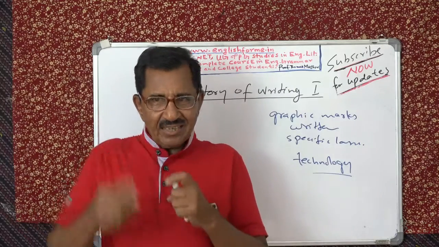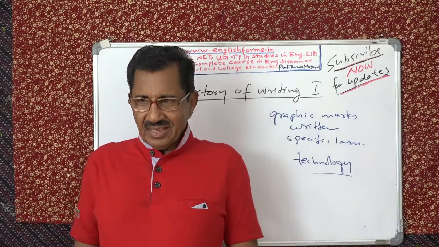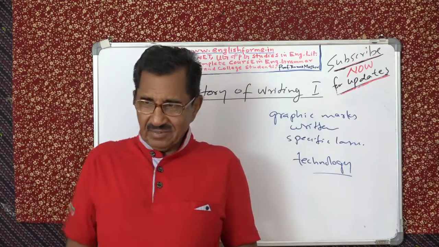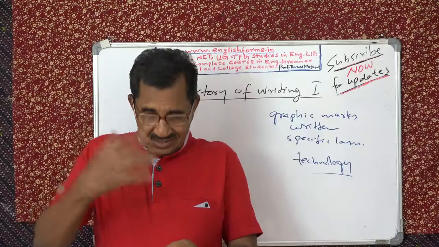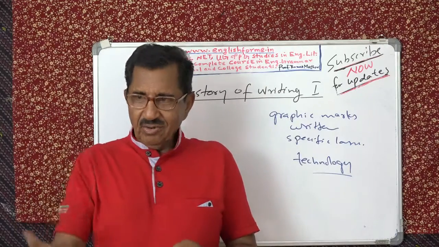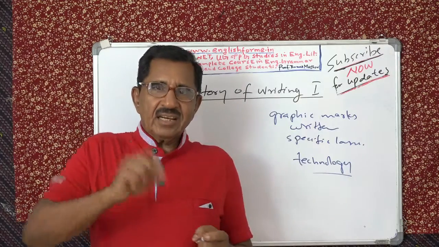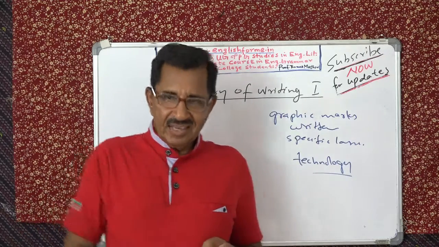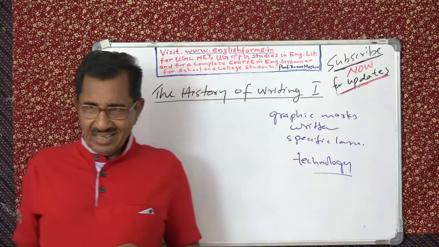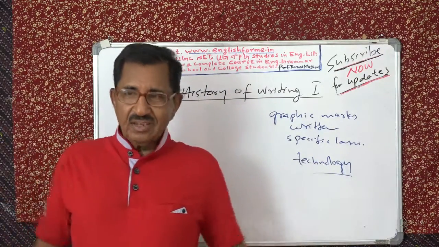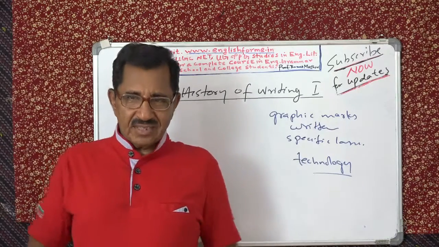Manipulating means editing. Then storing: you can store in a file system. Retrieving means taking back. Then communicating: write letters, email. Disseminating means spreading, diffusing information. A lot of things we can do.